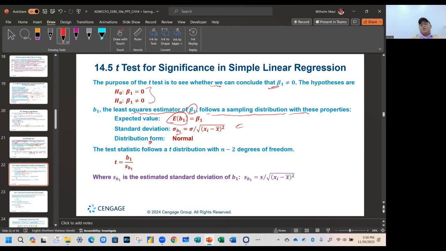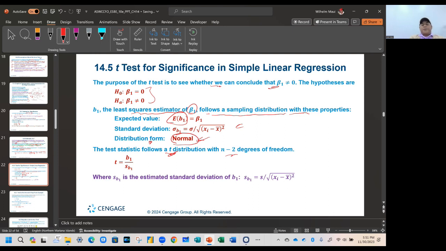And then the distribution form is normal, no? Again, this assumption of normality, which we started using in chapter 6, is an important assumption when you're working with inferential statistics. The test statistic follows a t with n-2 degrees of freedom.